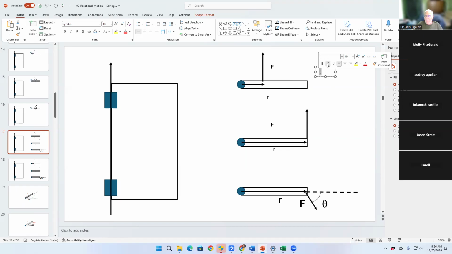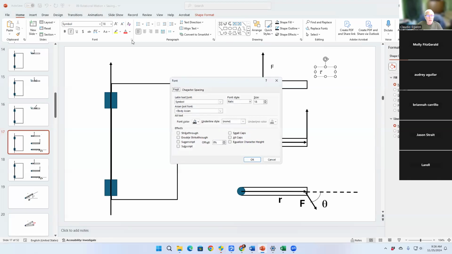Here we are going to have torque 1. I'm going to put the subscript 1 to differentiate it.